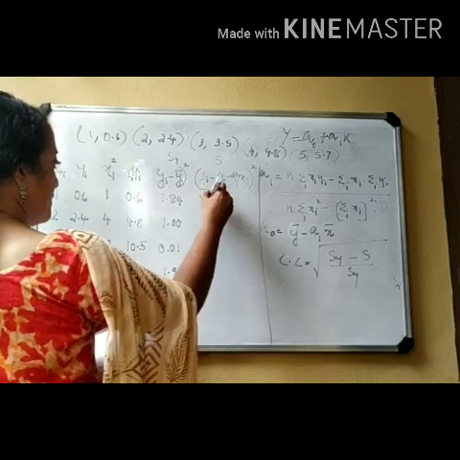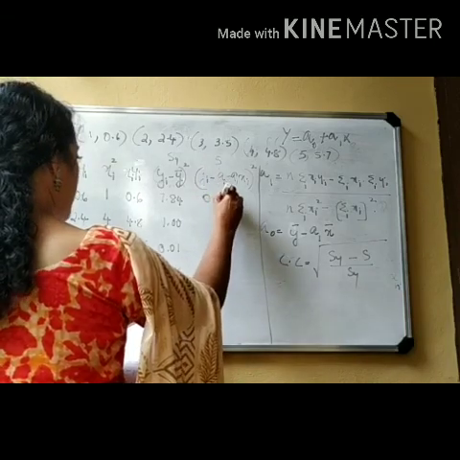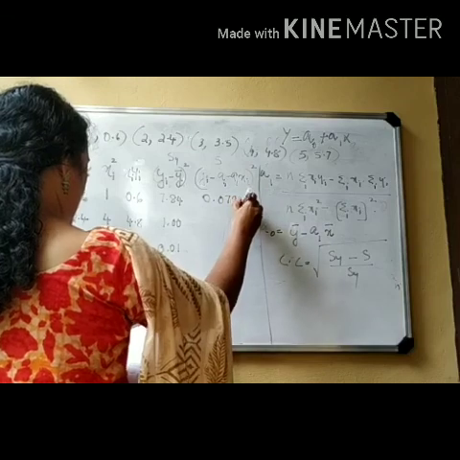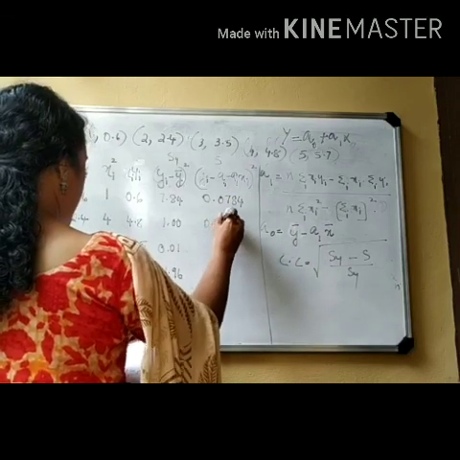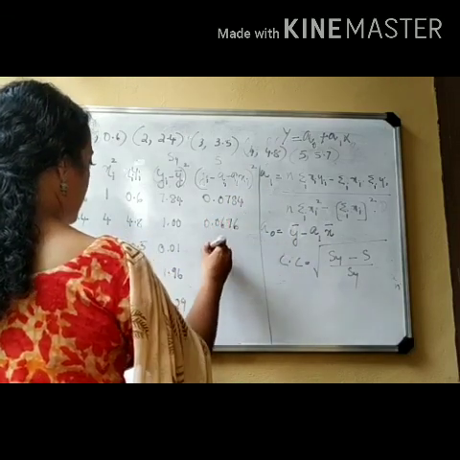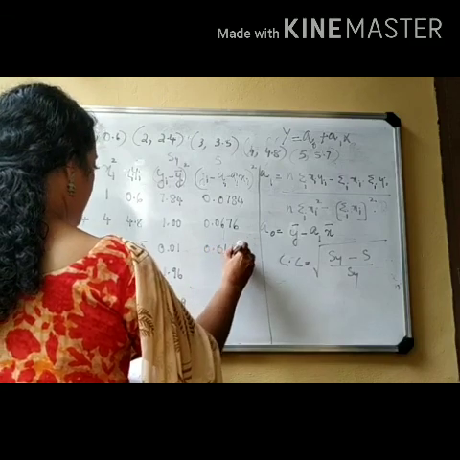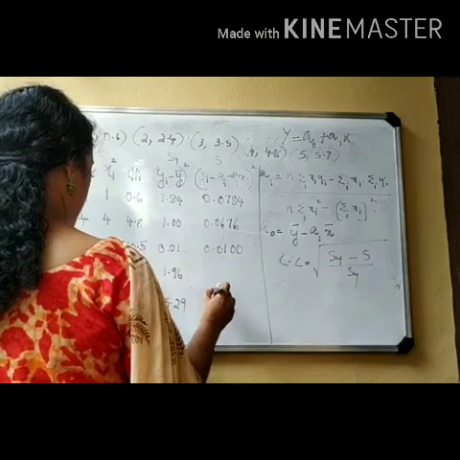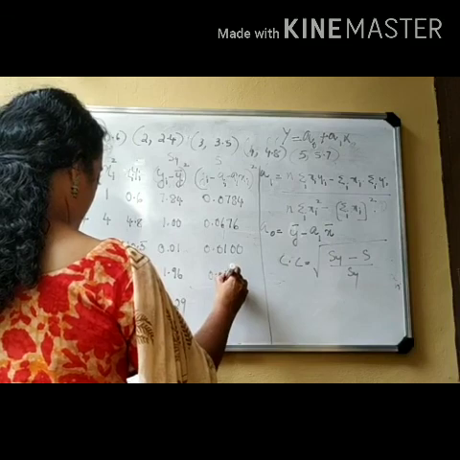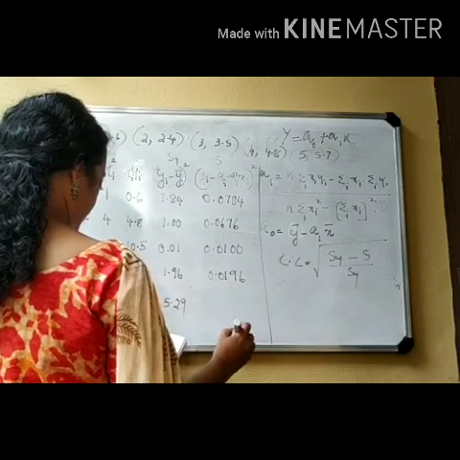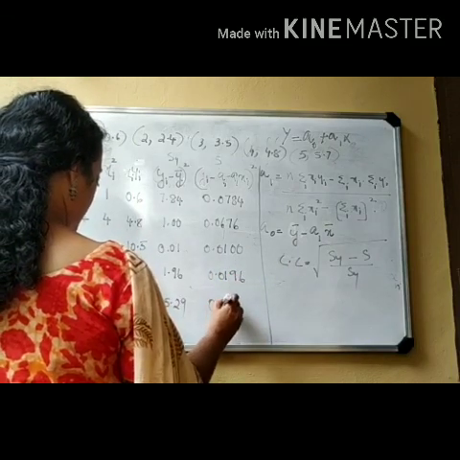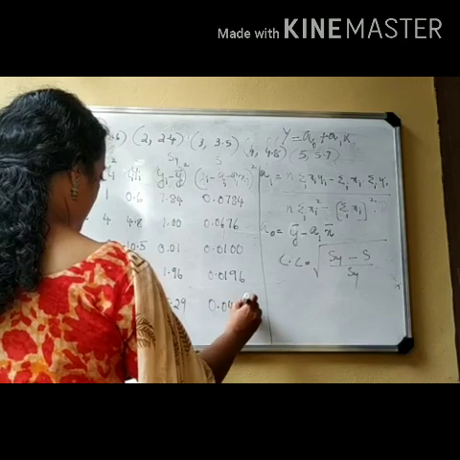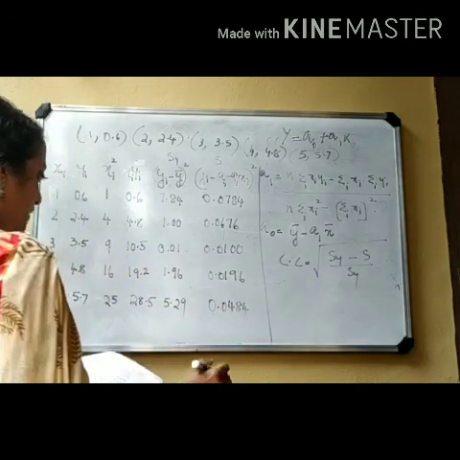Then here the values are 0.0784, 0.0676, 0.0100, 0.0196, 0.0484. These are the values.